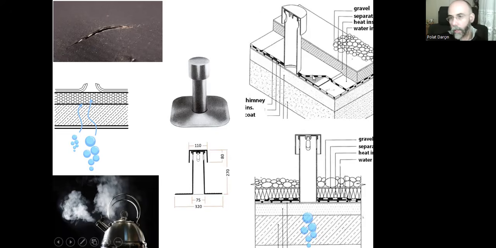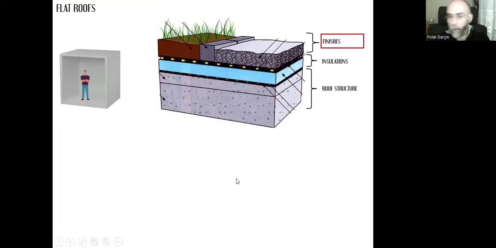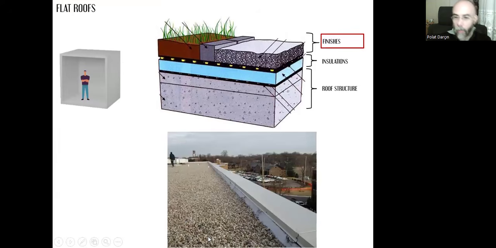And over this, there is this water insulation, so there won't be a water problem, and the gas will be released easily. And for the finishes, we have two alternatives. Let's say three alternatives. The first one is placing gravel over the insulations, 5 centimeters thick.